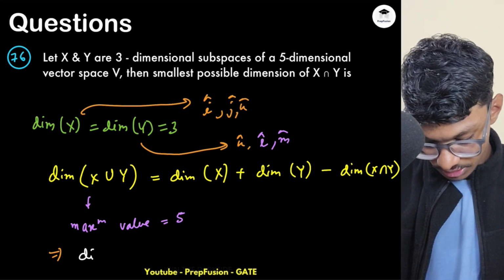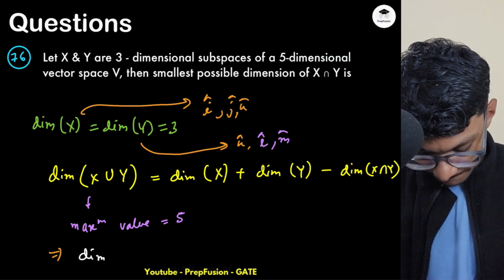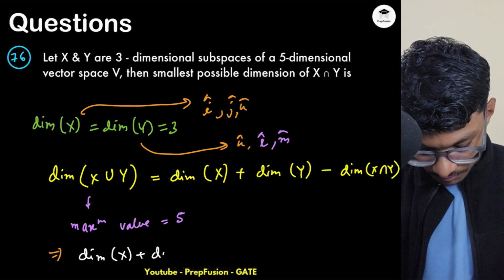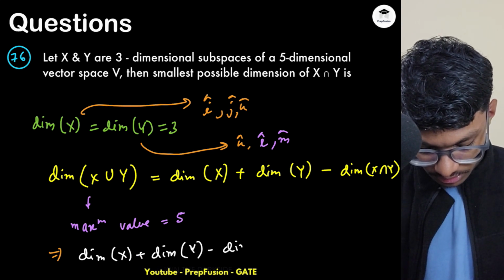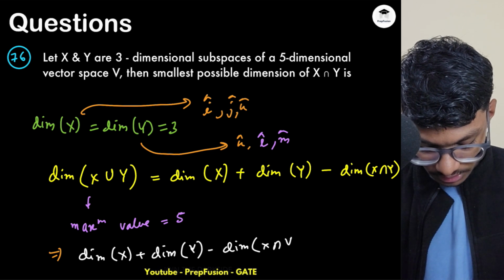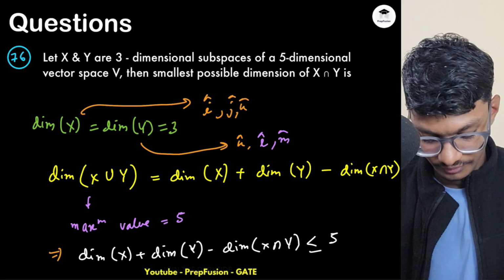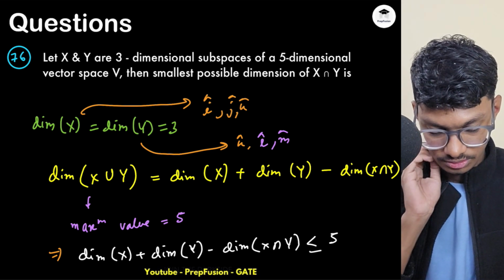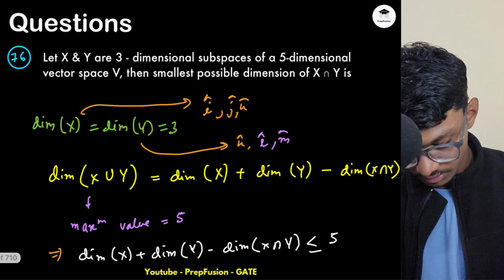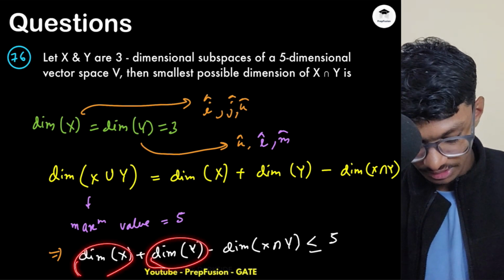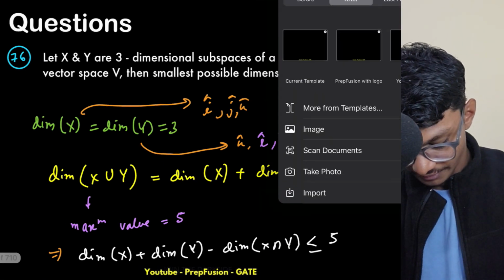Okay, at max. So basically, where was I? Dimension of x plus dimension of y minus dimension of x intersection y must be less than or equal to 5, right? Now we know dimension of x is 3, and dimension of y is 3. So I will shift this to the right hand side and 5 to the left hand side.